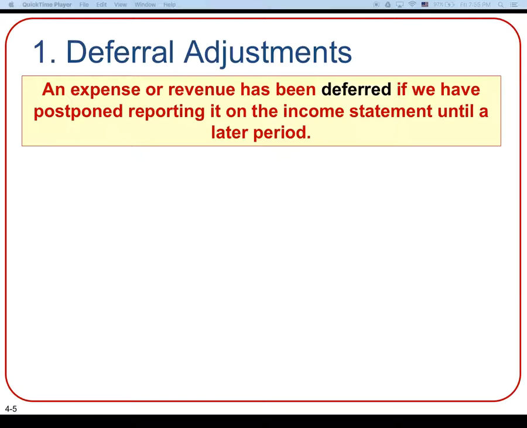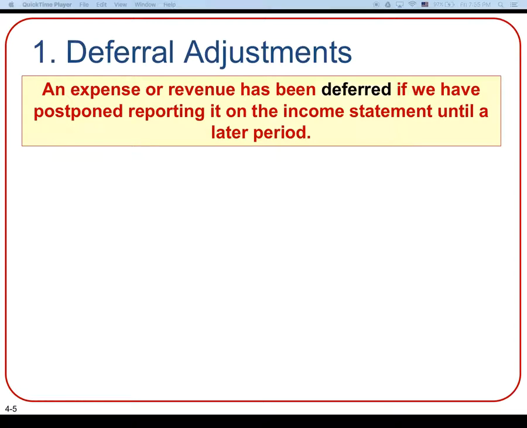A lot of the time we receive the cash or we disburse the cash before revenue is earned, before expense is incurred, so that we're deferring reporting the revenue and the expense. So when it actually happens, we have to make an adjustment.